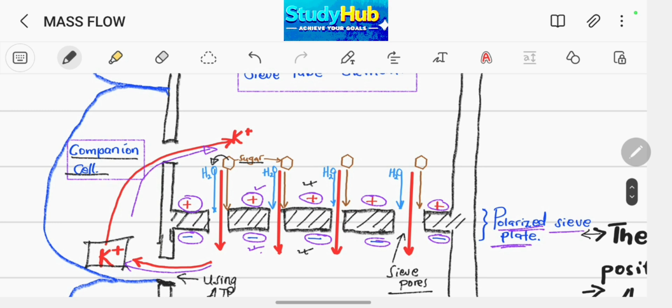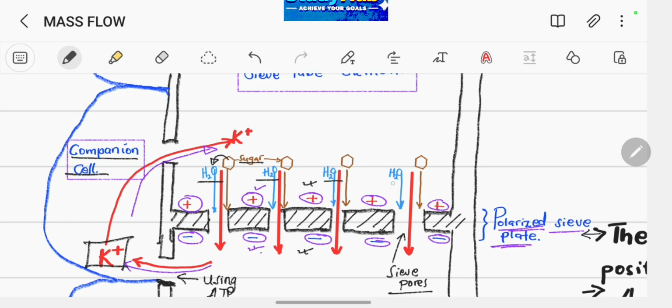And with this negative charge, water, at this point I will call it a solution because it's carrying sucrose molecules and some ions within it. So this solution is going to start moving from the positive side to the negative side.